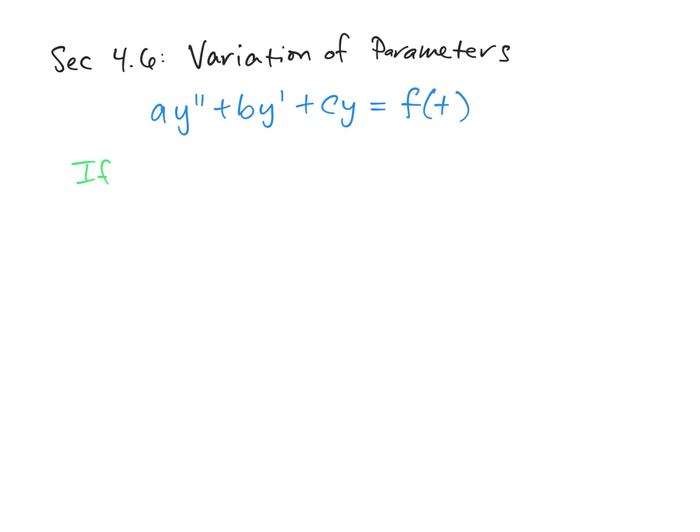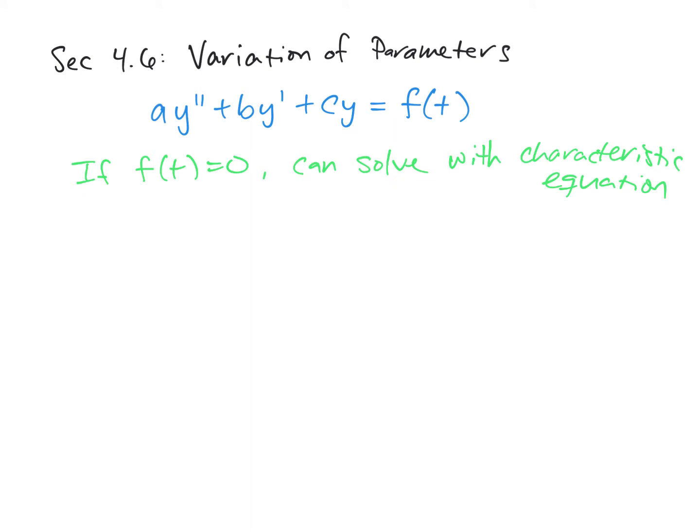First, we learned about the case where f of t equaled 0. So that was our homogeneous case. And we learned how to solve it in every case with the characteristic equation. And then the next case that we saw was some special cases of our right-hand side.